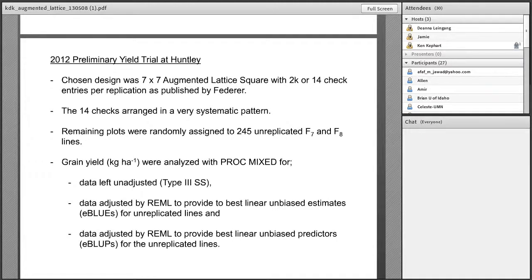Now, percent of check plots declines as you increase the size of the design.